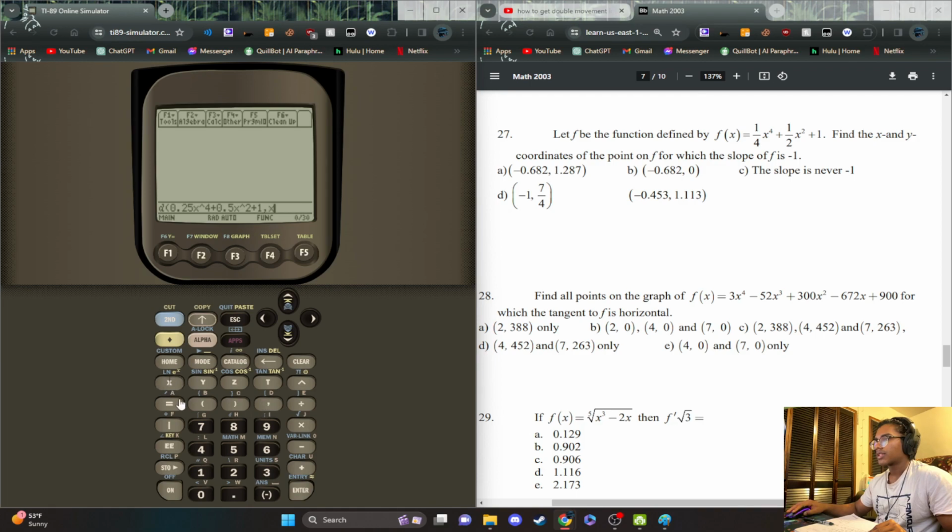Let's use decimals to avoid confusion. Now you're solving for x. So you find the derivative of that, and once you have this derivative, you plug it in.